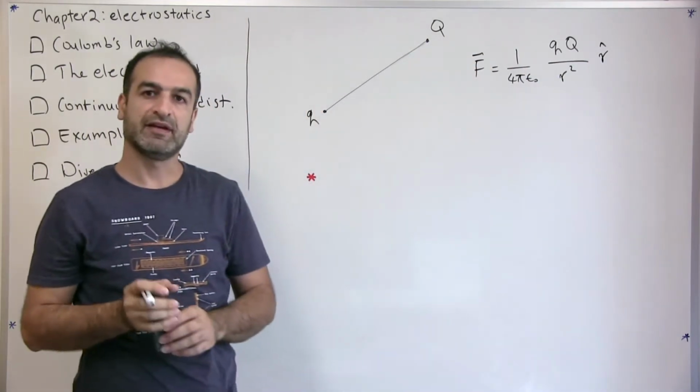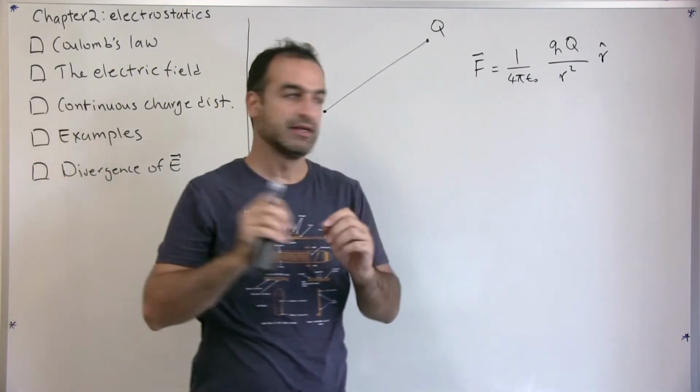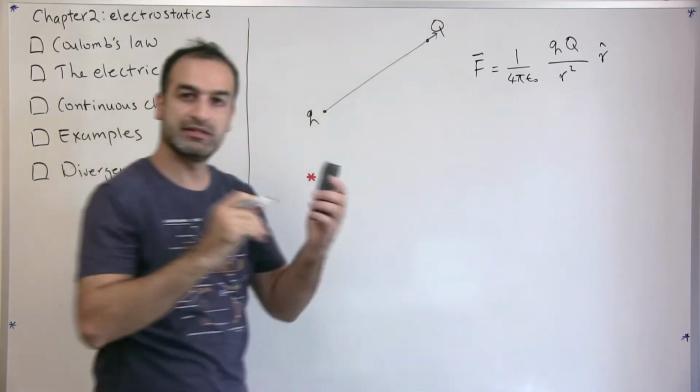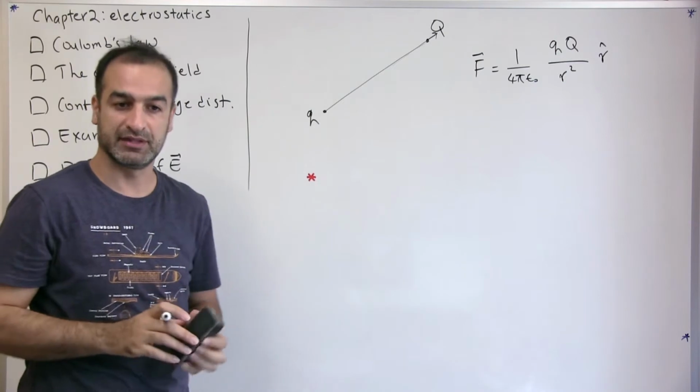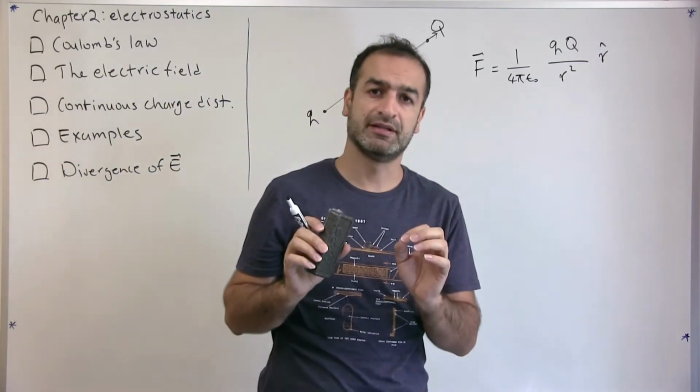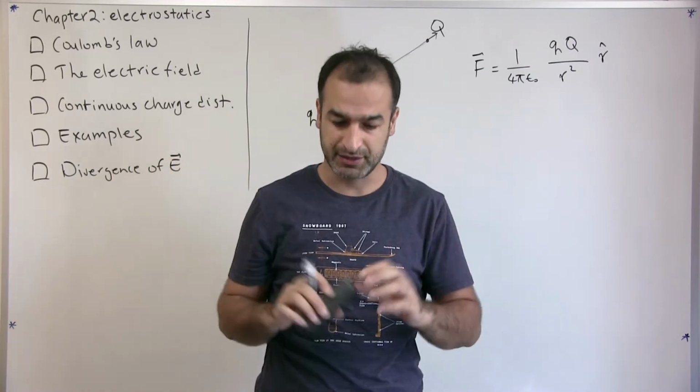If you have 2 like charges, the force is actually in this direction, and that means these 2 like charges are going to repel each other. If the charges have opposite signs, they attract each other.